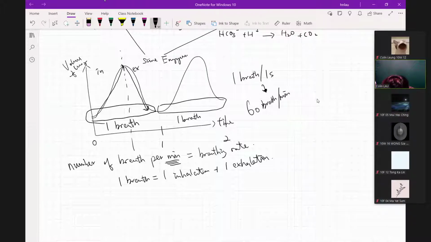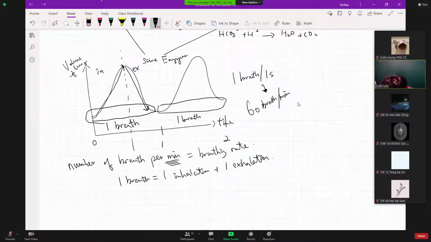You have to be able to interpret the graph so that you know which part refers to inhalation, which part refers to exhalation, so that you know the time for 1 breath is how long, and then you turn it back into 1 minute. Alright?